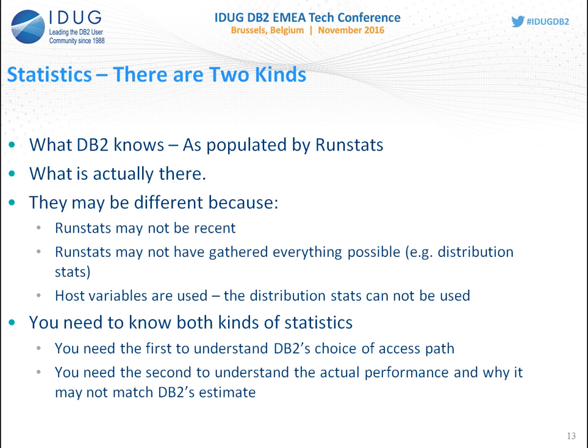And of course, if you're using host variables in the query, then DB2 can't even use the distribution stats. You need to know both kinds. You need to know the first kind to understand why DB2 picked the access path that it did. You need to understand the actual statistics in order to understand the actual performance and why it may not match DB2's estimate.